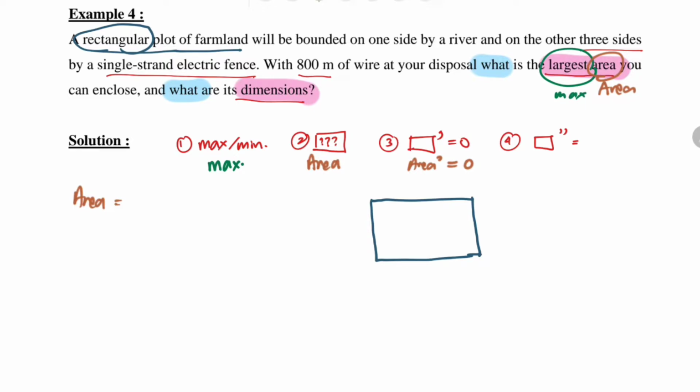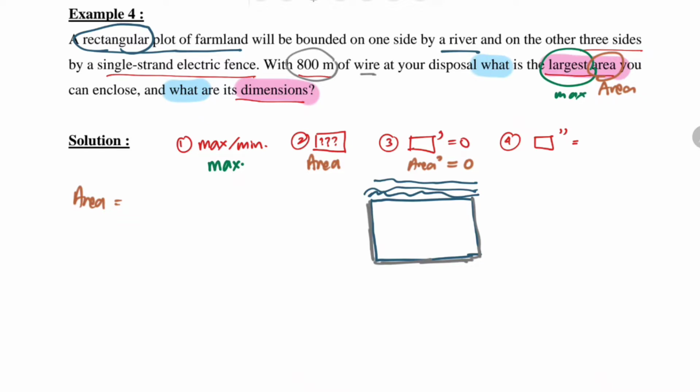And then it's bounded on one side by a river. So let's say this is your river. And then on the other three sides by a single strand electric fence. That means on the other three sides, there's the electric fence. And then we have 800 meters of wire at our disposal.